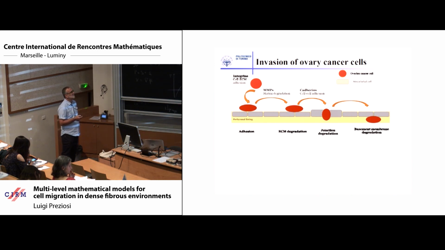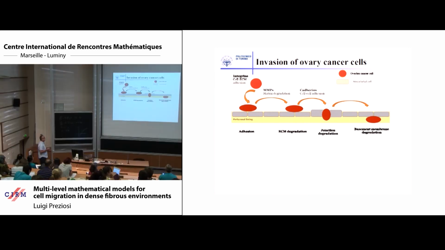You have the cell, the single metastasis, touches the mesothelial lining, this lining of cells that are covered by what is called the peritoneal lining, a small layer of extracellular matrix around the cell.